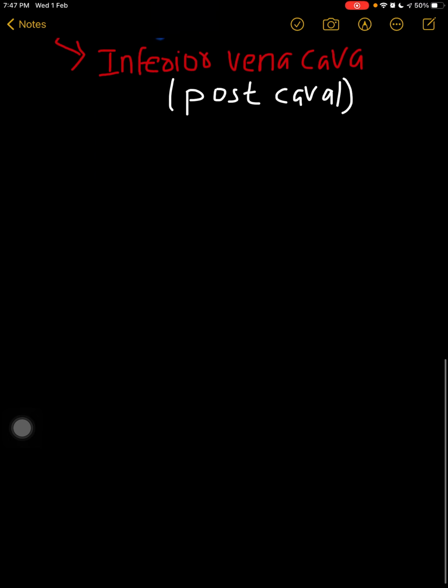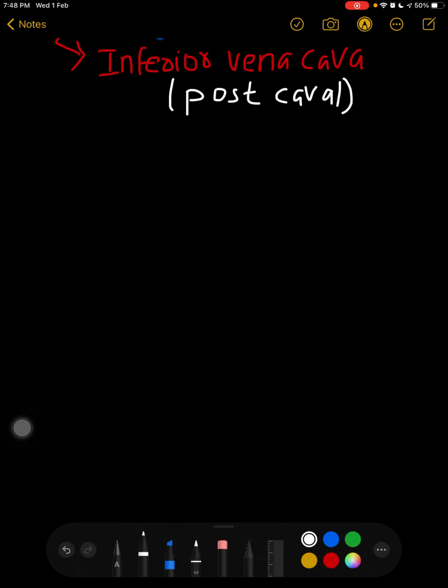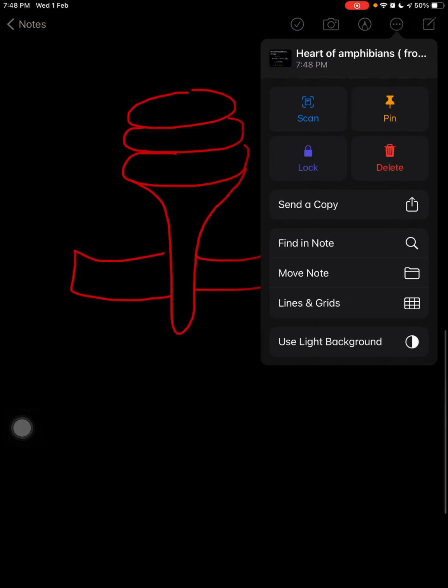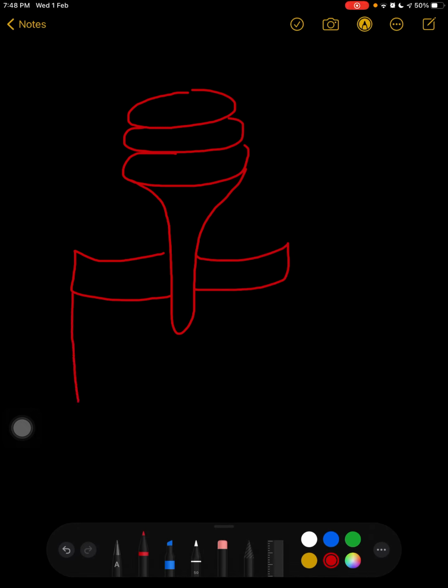So now let's discuss the structure of the amphibian heart, like the structure of the frog heart. Okay, so this is a structure of amphibian heart. Let me label this.